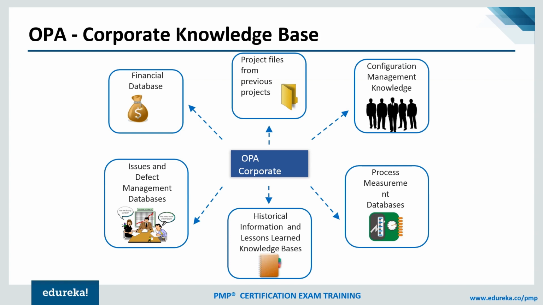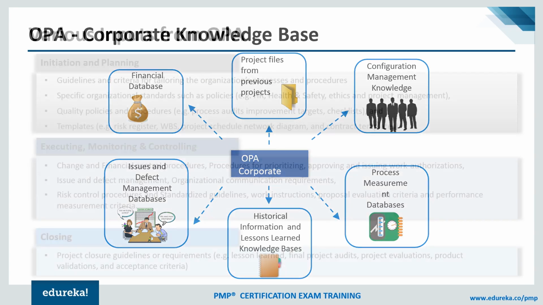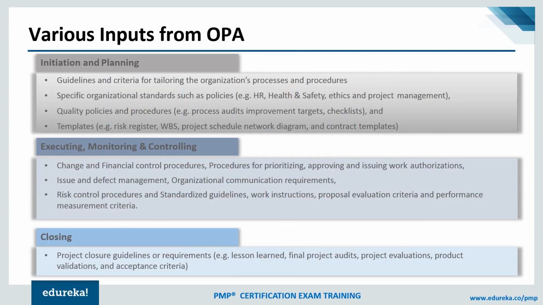So all that information, along with the different pieces of information used in the different stages of the project, like in initiating and planning, you will be using the guidelines and criteria for tailoring the organizational process and procedures. You may have certain HR or healthcare related policies which you need to consider during the planning and initiating.